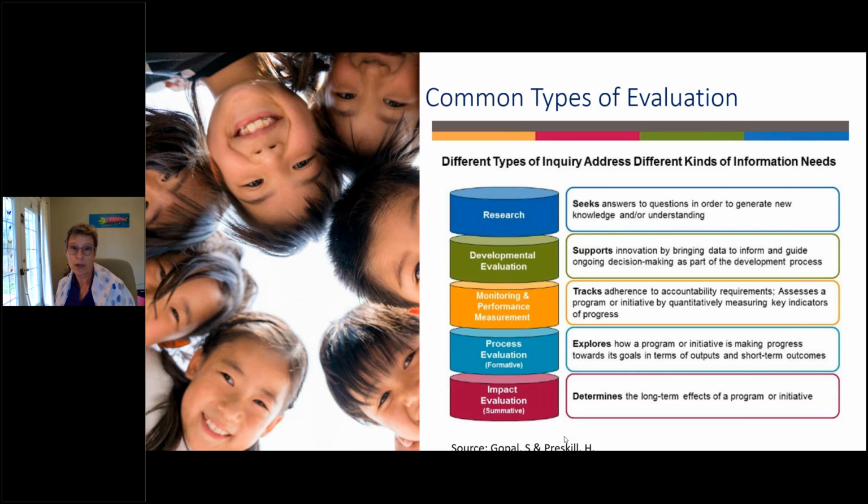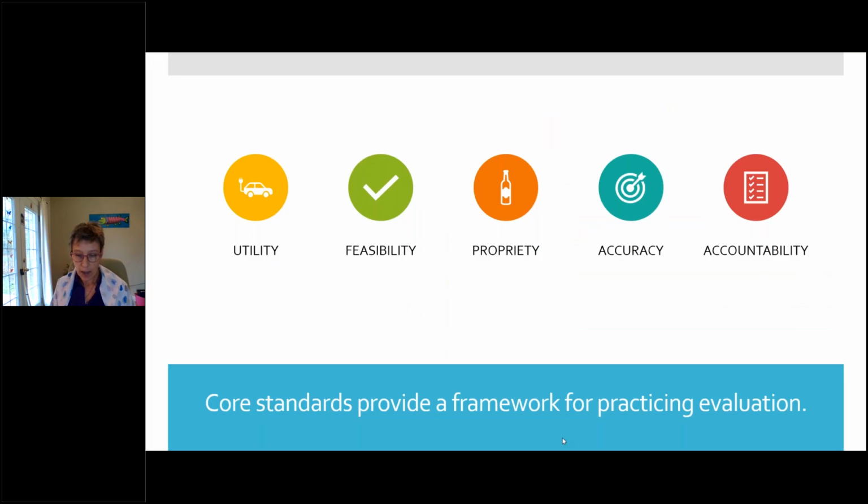So if we go to the next one, evaluations really have core standards, and the Canadian Evaluation Society is a leader in the world, I would say, for setting up the framework of the core standards of utility, feasibility, propriety, accuracy, and accountability.